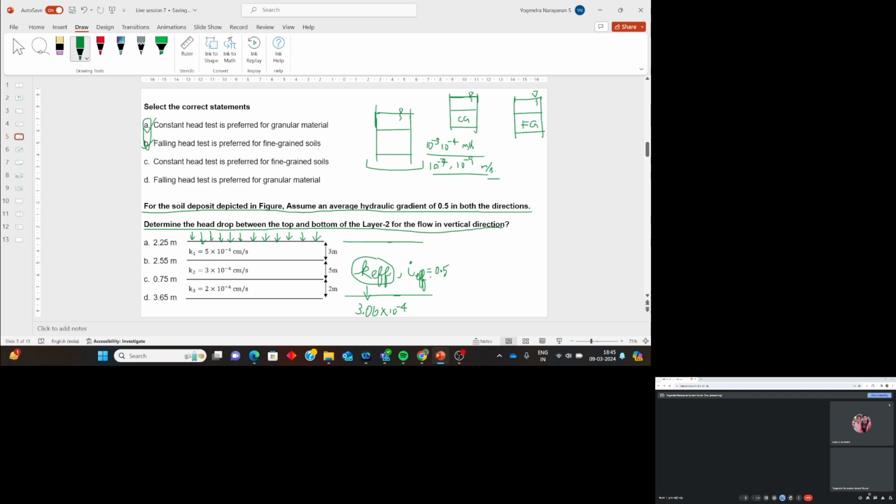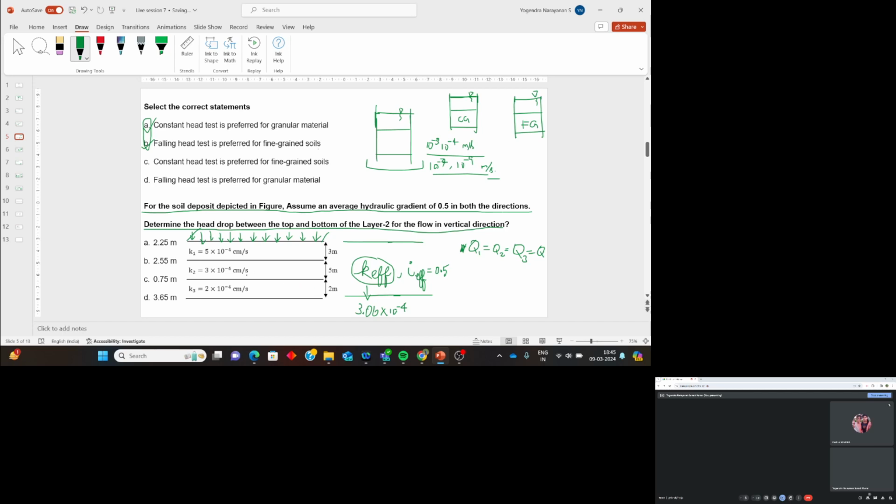Now discharge is constant, and we know that you consider a particular area. So discharge is constant means velocity is constant. So Q1 equal to Q2 equal to Q3 equal to Q, right?